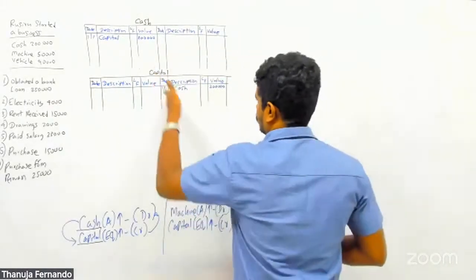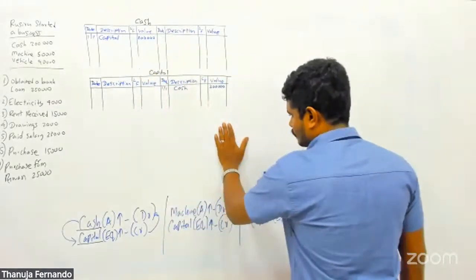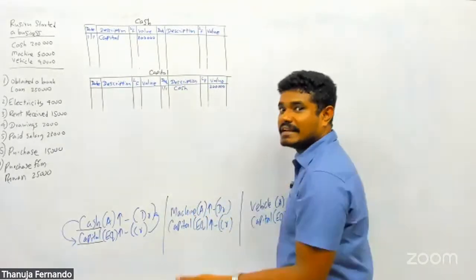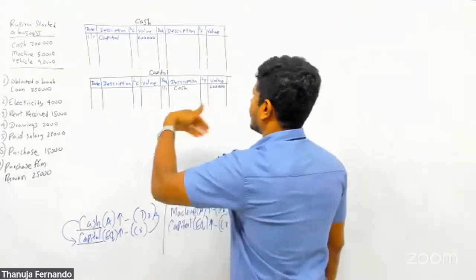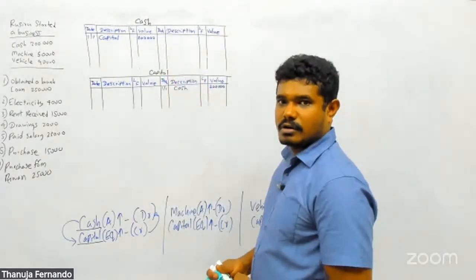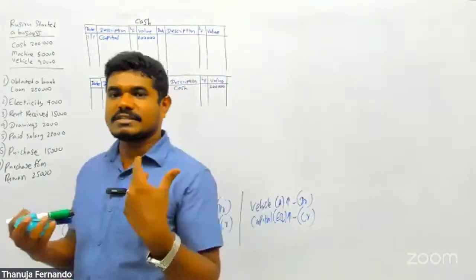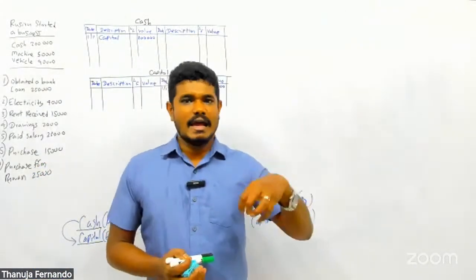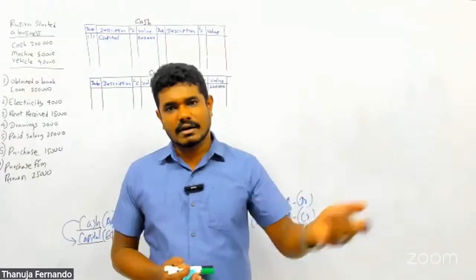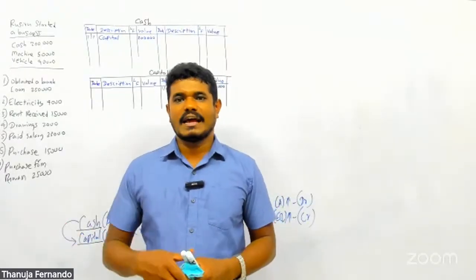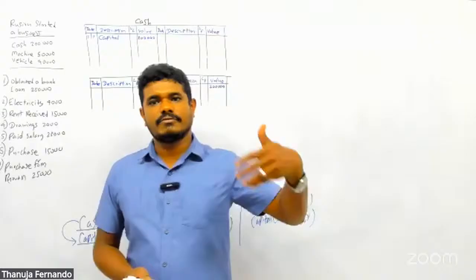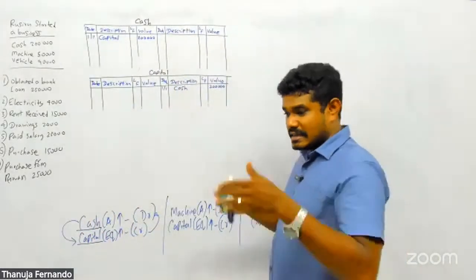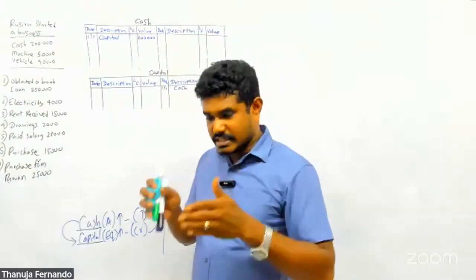From here also we can use the capital account credit. Capital is an equity account, so equity account credit means equity increased. Now we know capital increased. Capital means the owner's investments. The owner can invest capital as cash, as a machine, as a vehicle, as equipment, as furniture. So in those resources, we can identify this time which one the owner invested.